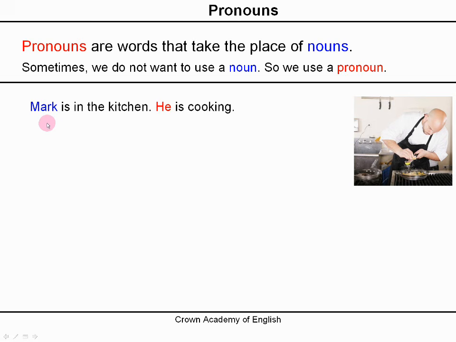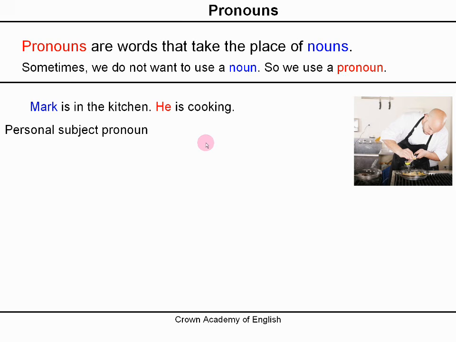So here we can see Mark, this is a noun, and he's in the kitchen. But for the second sentence, we don't want to repeat the word Mark because it doesn't sound very good. So we replace the word Mark with he. So that is an example of a pronoun. It represents a noun.